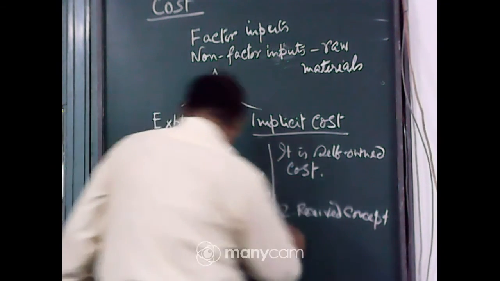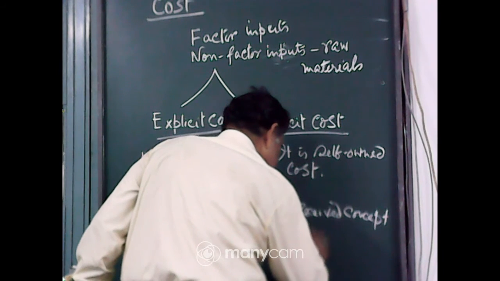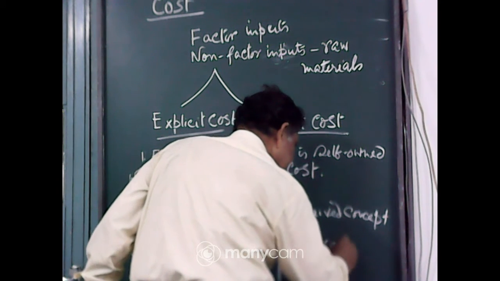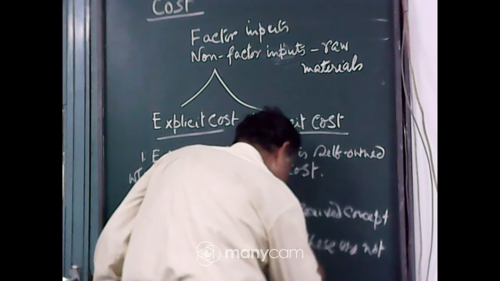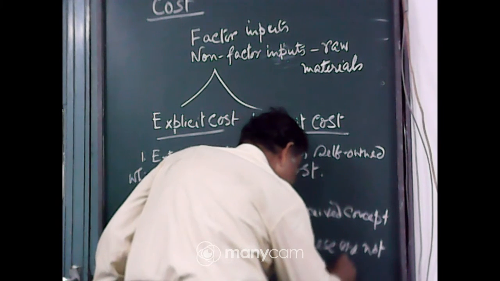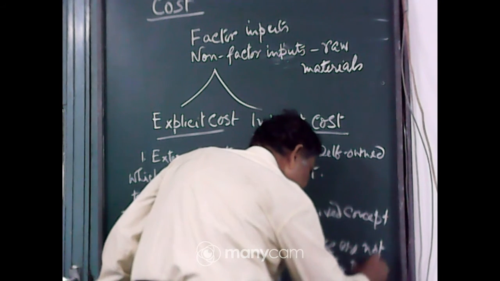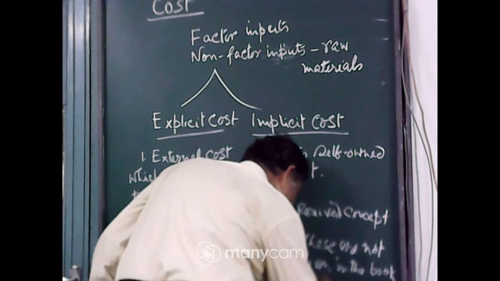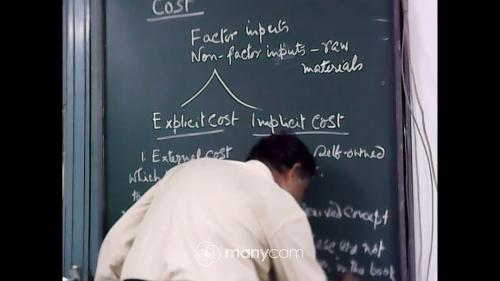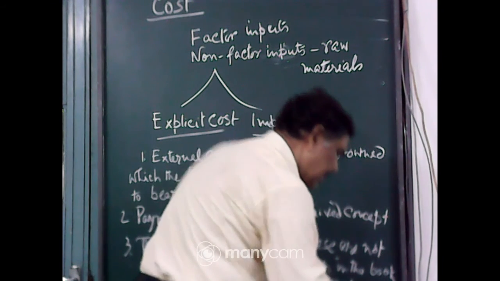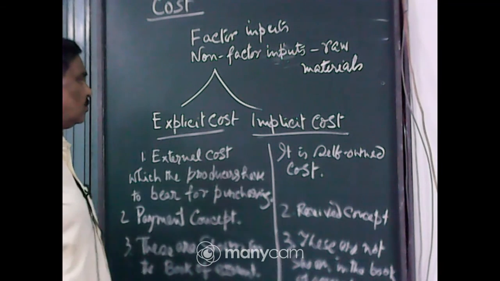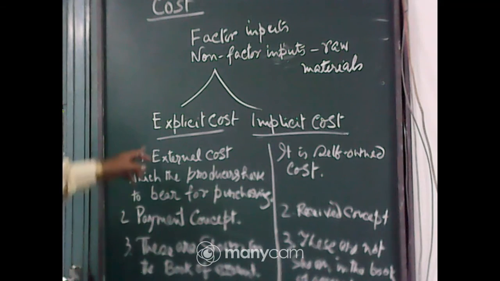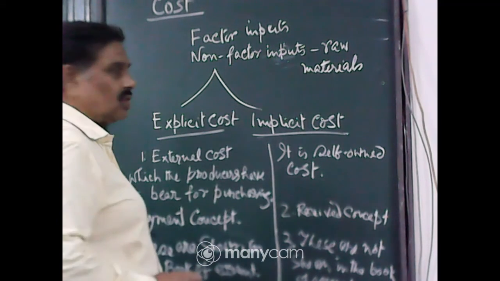But implicit costs are not shown in the book of account. Therefore, you can distinguish between explicit cost and implicit cost.